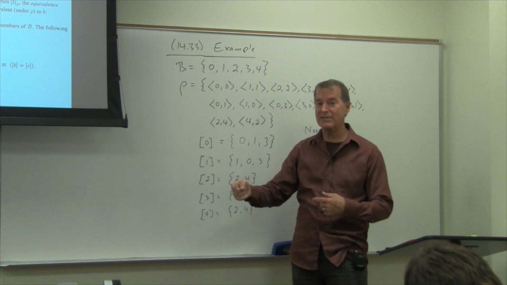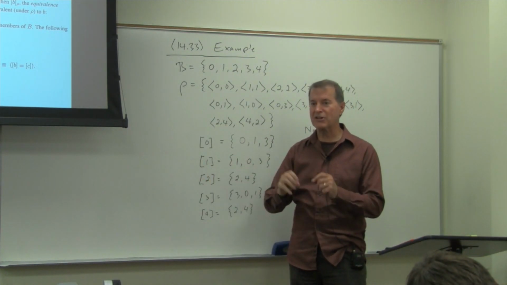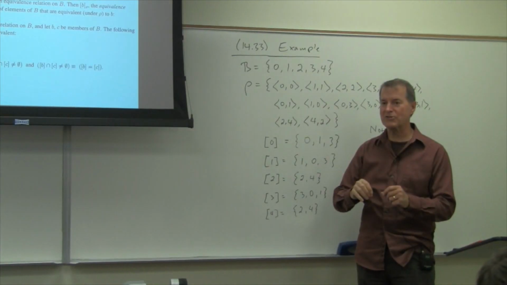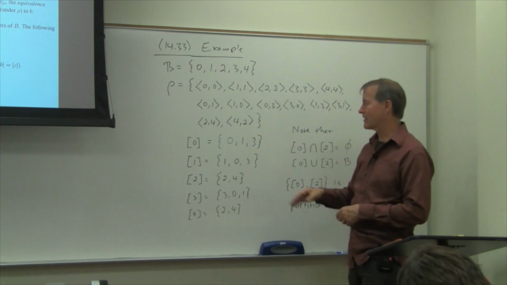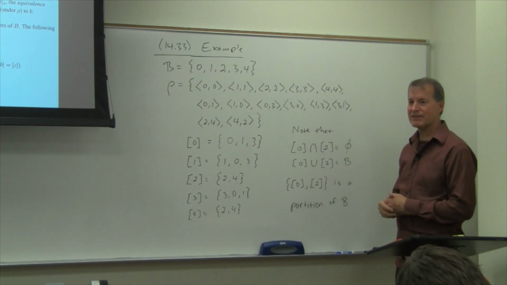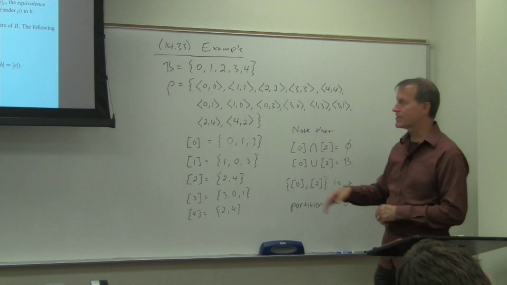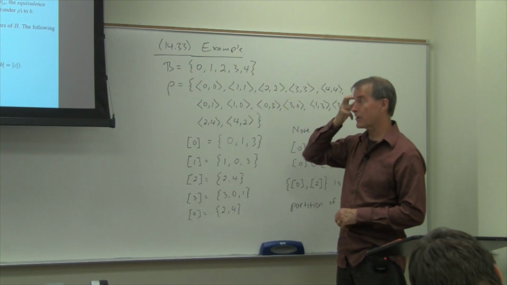It goes both ways. Given a partition, there is an equivalence relation, and given an equivalence relation, there is a partition. That's a very basic property of discrete structures with equivalence relations.